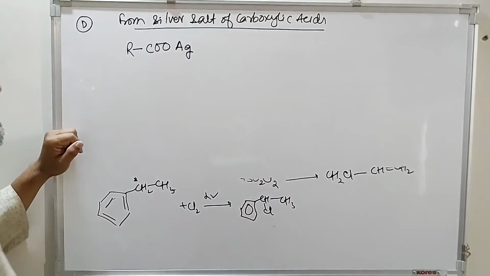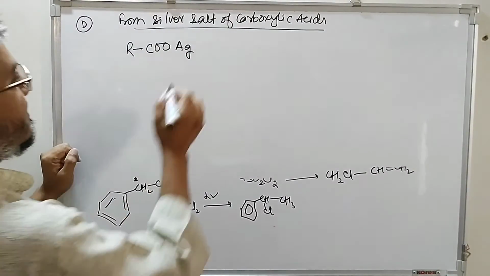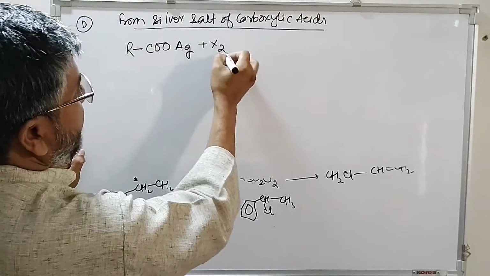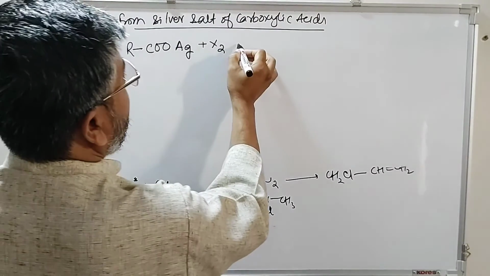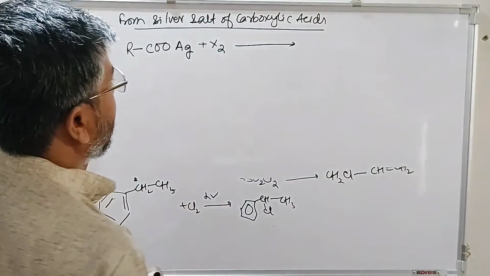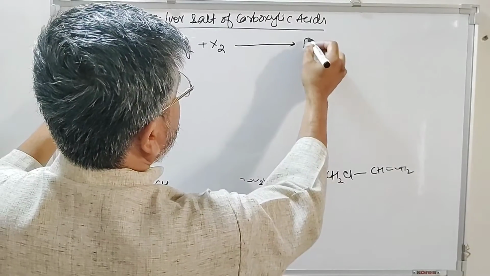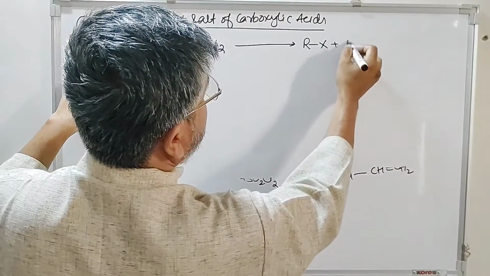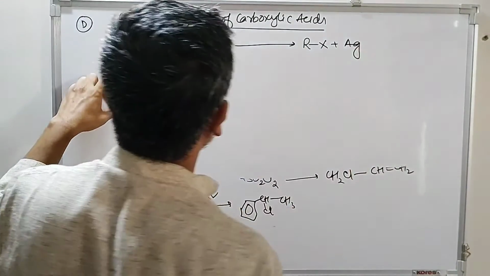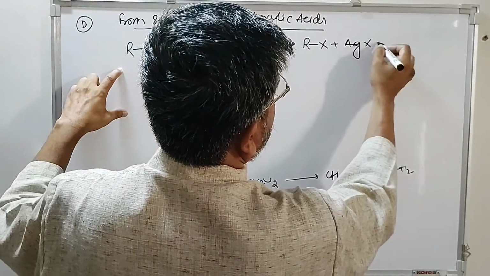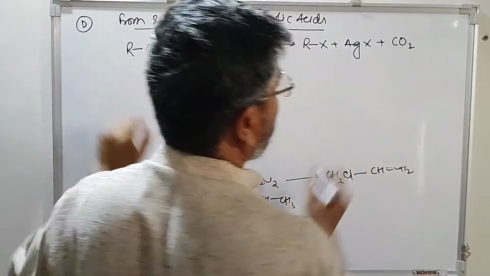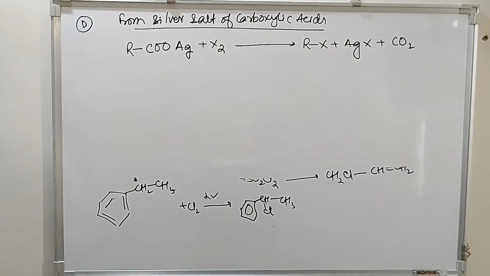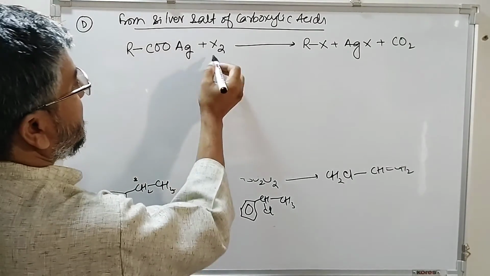This is the starting compound, silver salt of carboxylic acid. This reacts with X2, and this gives you RX plus AgX plus CO2.